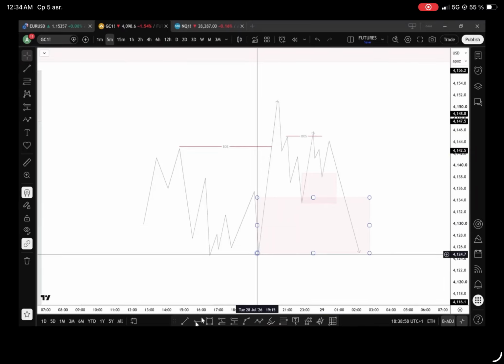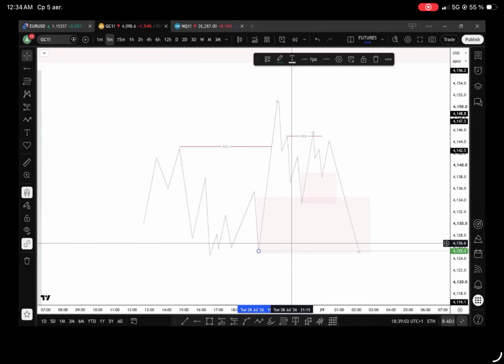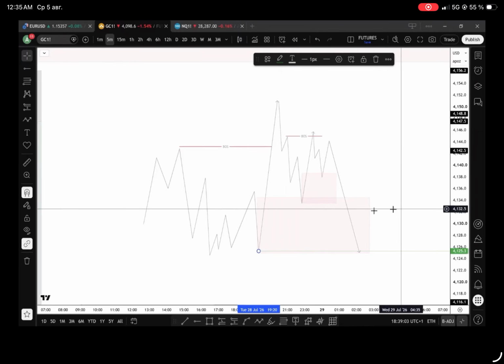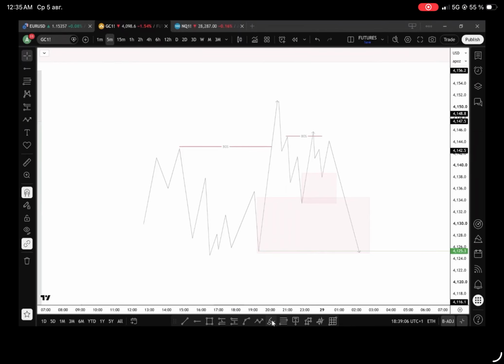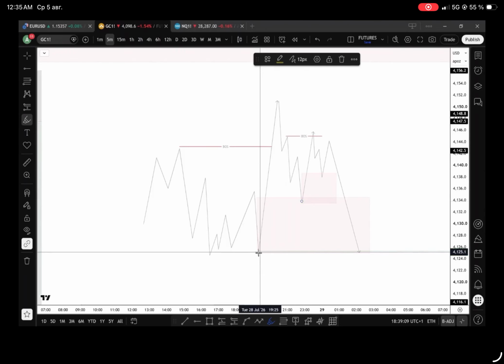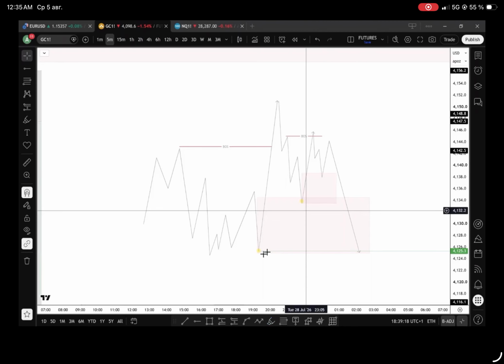So just to break this model down once more, that reaction there has induced buyers. So we broke structure, so that we now have liquidity below there. And then this is now your trap.